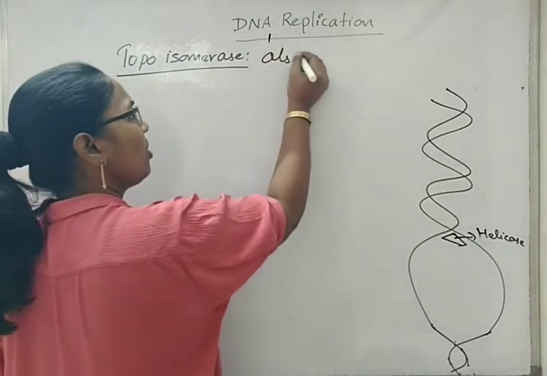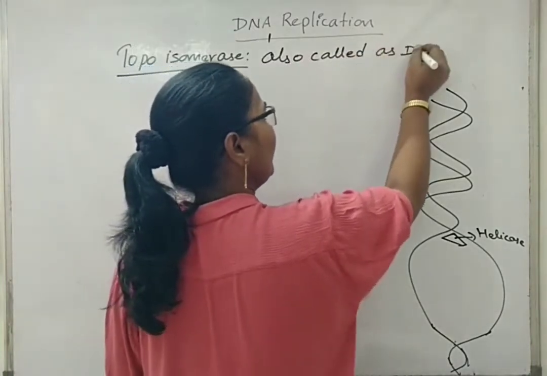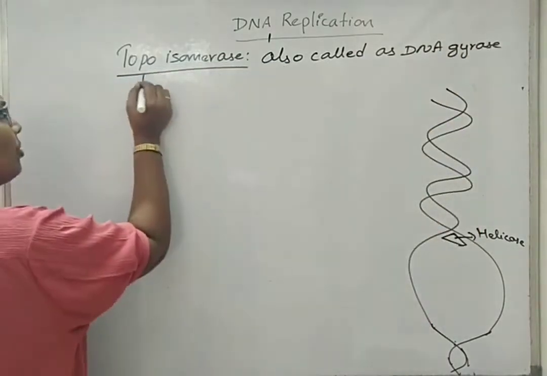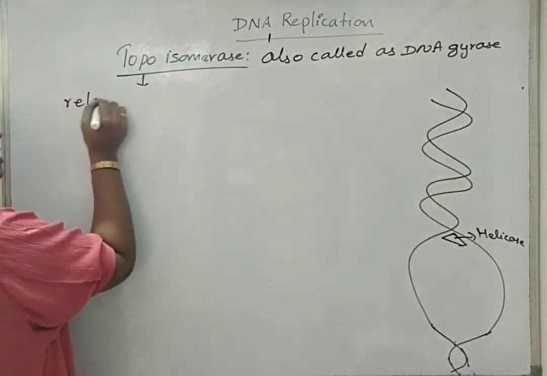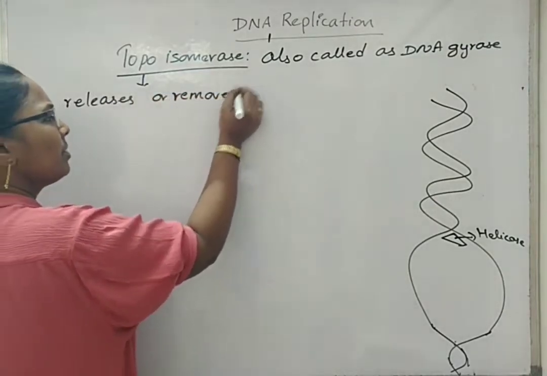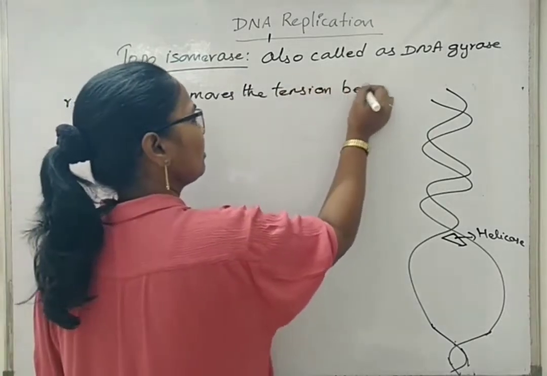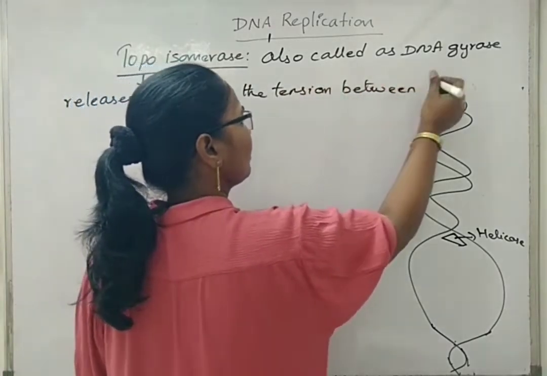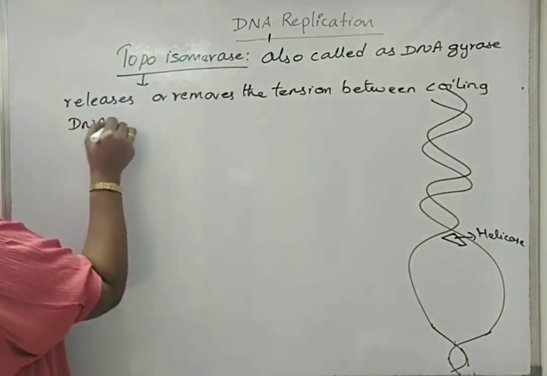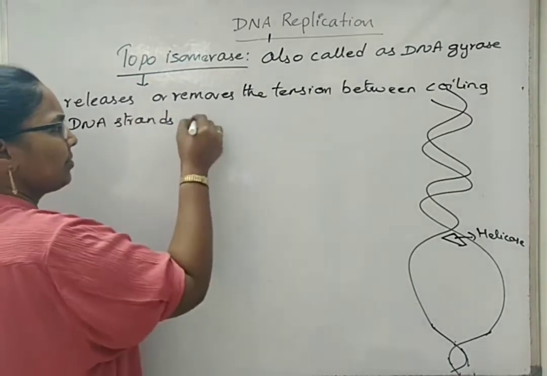Topoisomerase is also called DNA gyrase. It releases the tension between the coiling strands and maintains the gap between the strands.